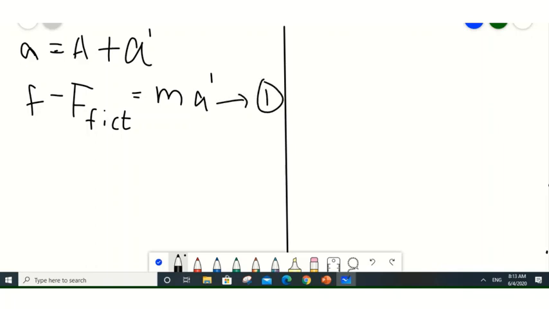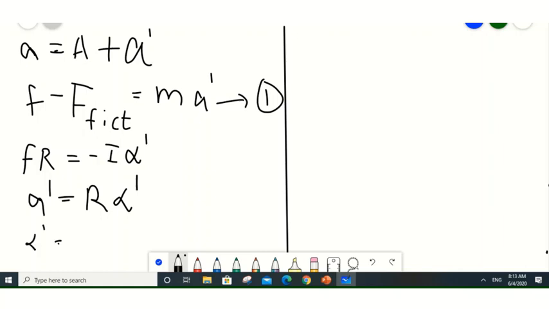And the equation of torque experienced by the cylinder is fr is equal to minus I alpha dash, where I is the moment of inertia of the cylinder and alpha dash is the angular acceleration of the cylinder. This cylinder rolls without slipping, so we can write a dash is equal to R alpha dash, or alpha dash is equal to a dash by R. We can put this equation as 2.